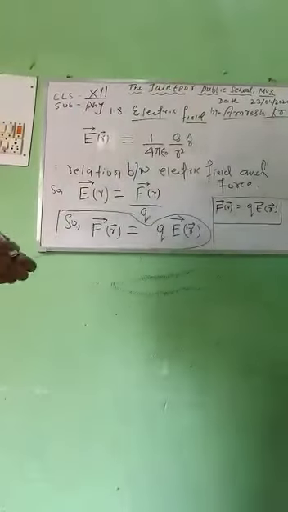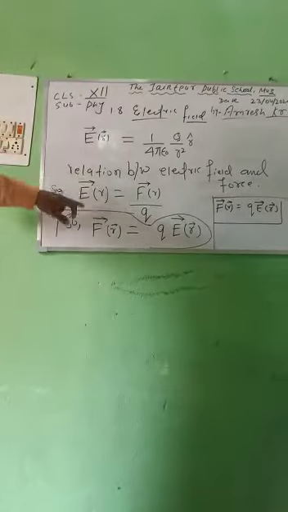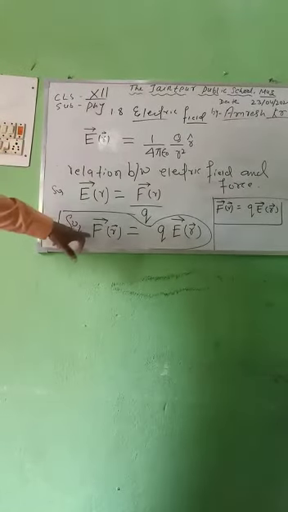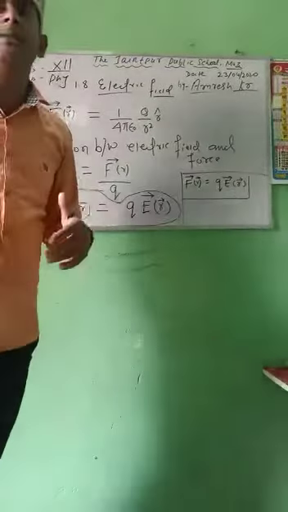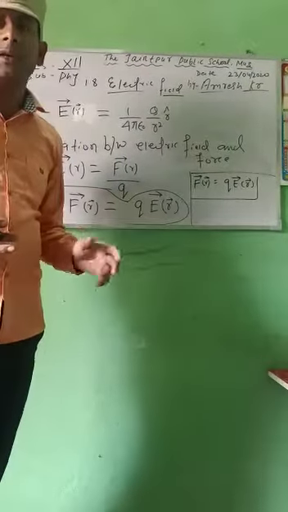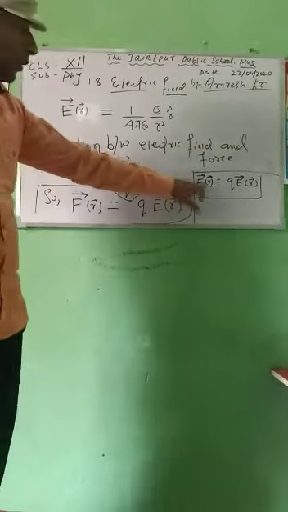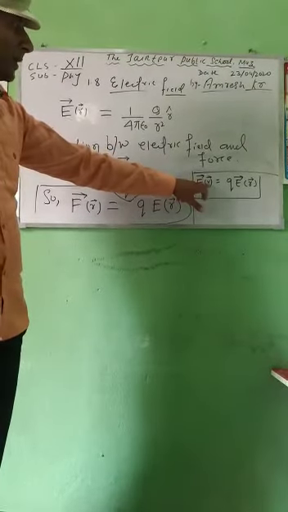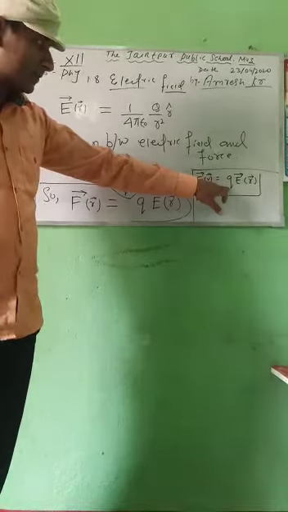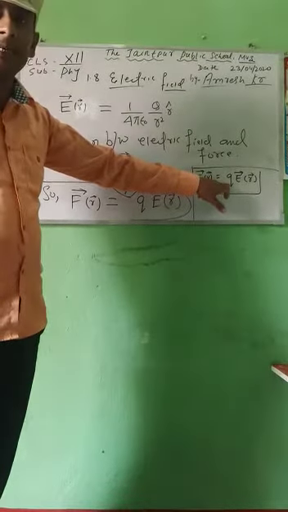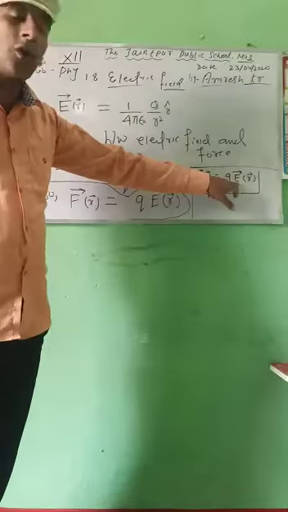You can see that electric field E and force, which is not mechanical force, it is an electrostatic force. So force at any position vector r is equal to the magnitude of test charge times the strength of electric field.